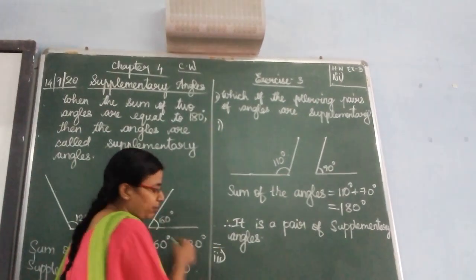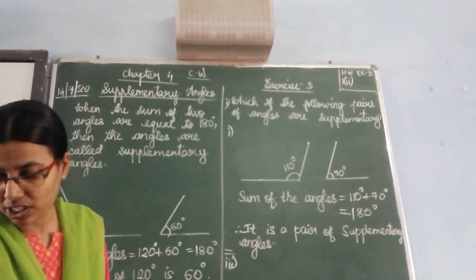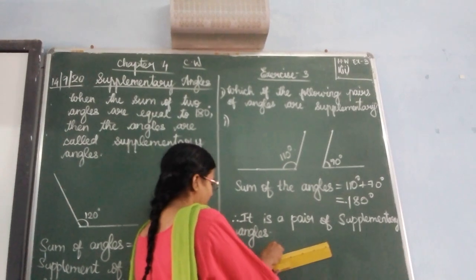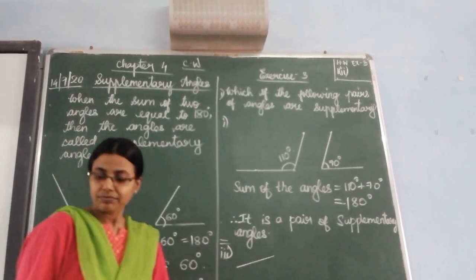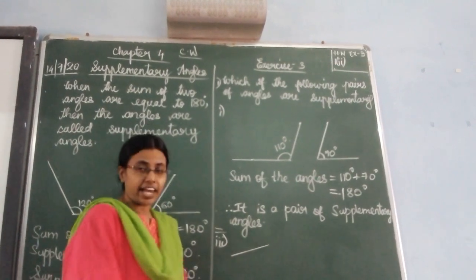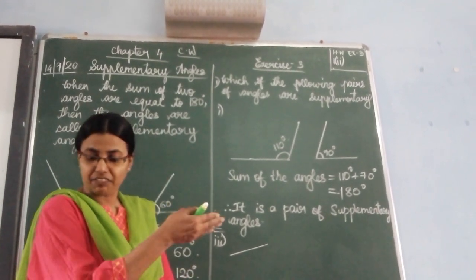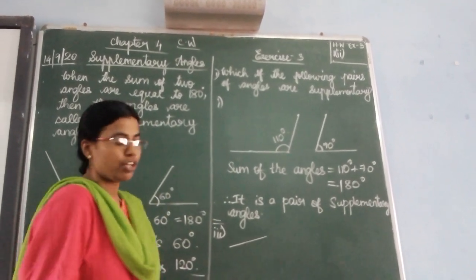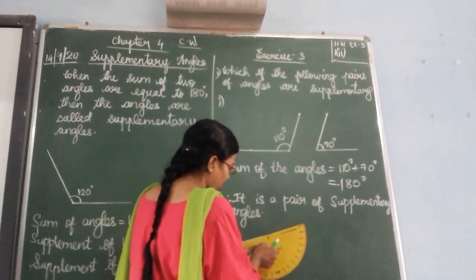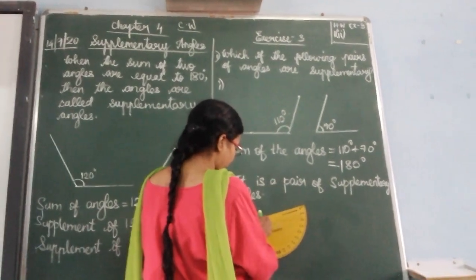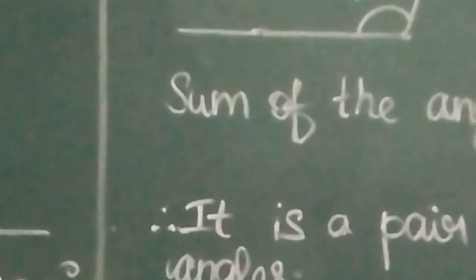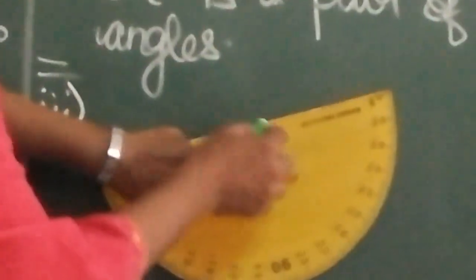Then the third problem. The third question is 50 degrees. So here this is a straight line. Then mark the angle. The direction of the arm is given downwards in the textbook. So we are going to rotate the protractor and keep the protractor center matching the vertex, and then we are going to mark 50 degrees.